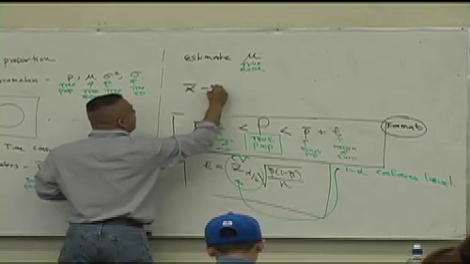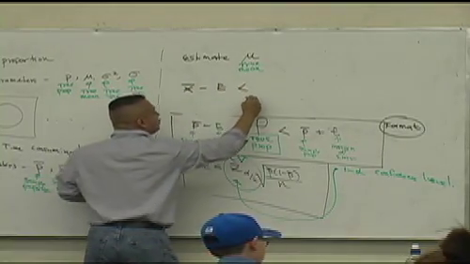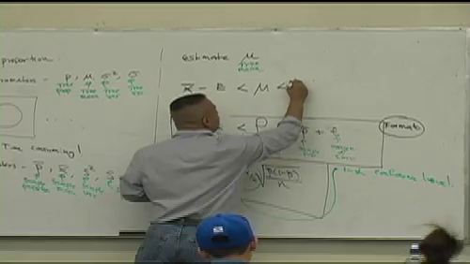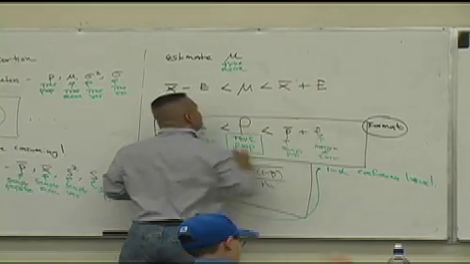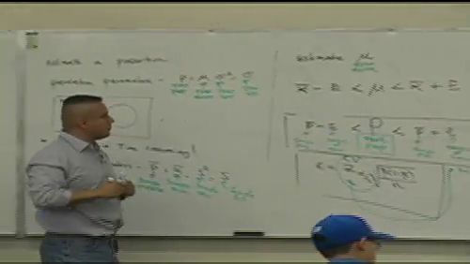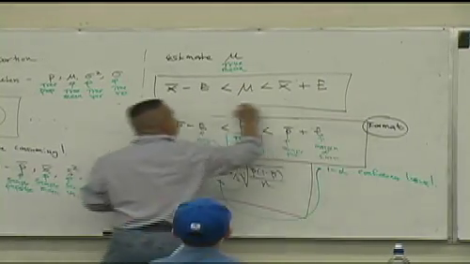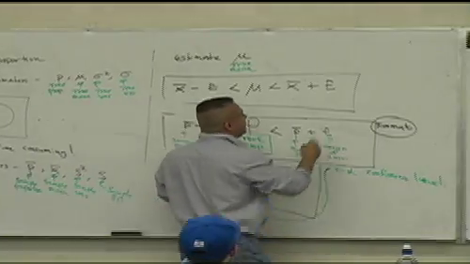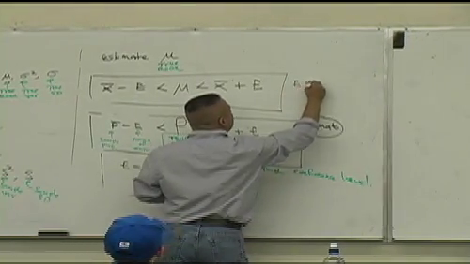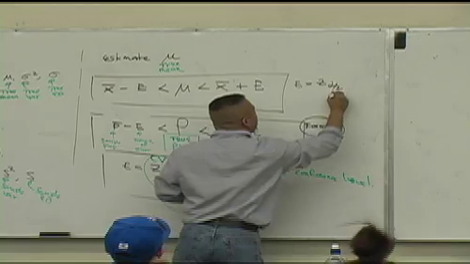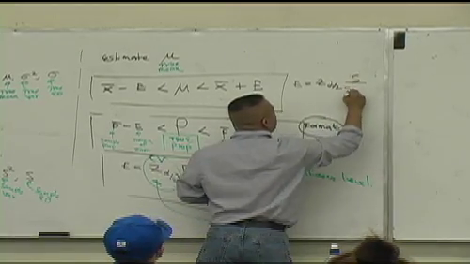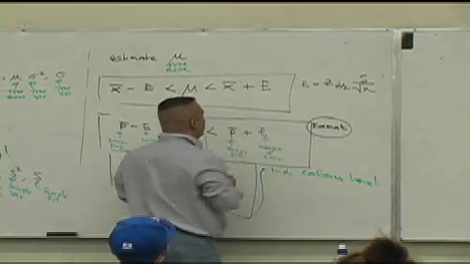It's a sample mean minus the error, less than the true mean, less than the sample mean plus the error. So far you have two formats here. They do have a different error formula. It's z alpha over 2 times s over the square root of n.